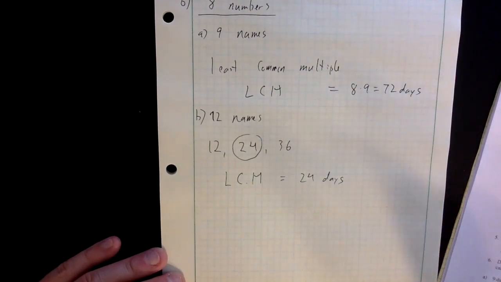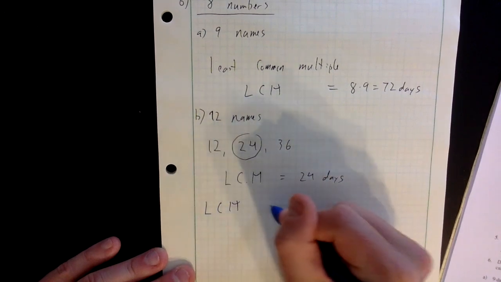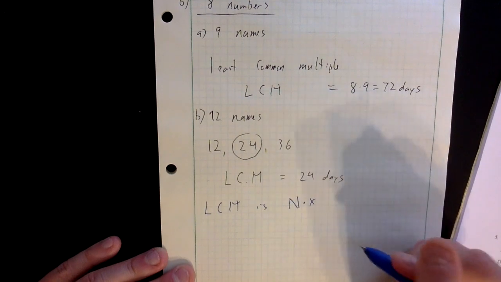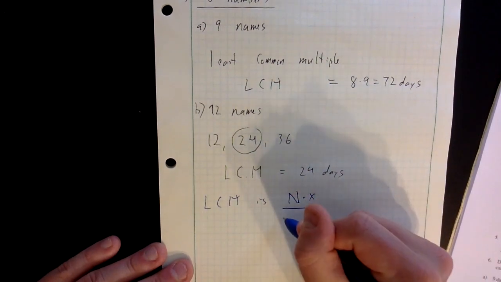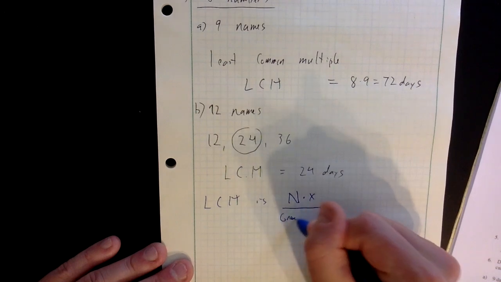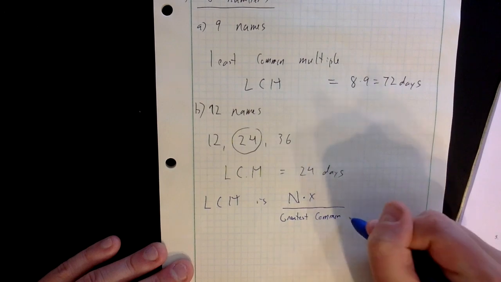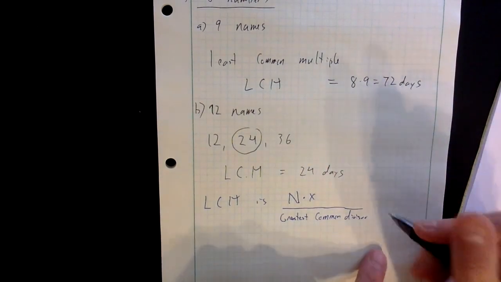Another approach for this is to look for the least common multiple. If you multiply the two numbers, I'm going to call it n and x, and then we could divide by the greatest common divisor. This is just another method to get the least common multiple.